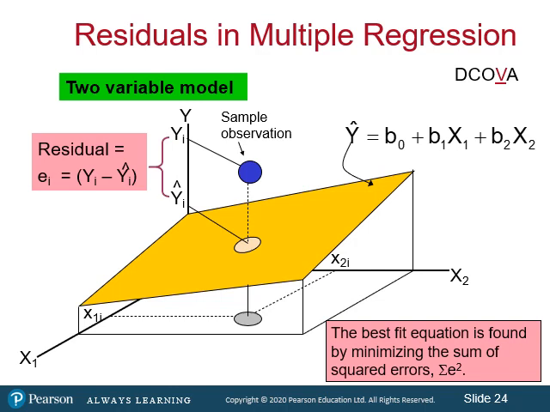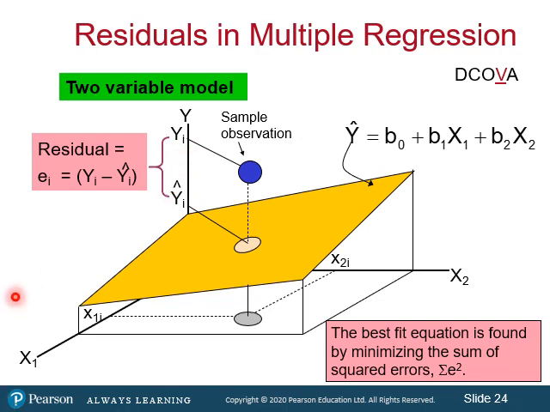When we do multiple regression, this is the plane that is used to estimate the multiple regression. This is your y, this is your x1, this is your x2. So we have 2 independent variables predicting the y.